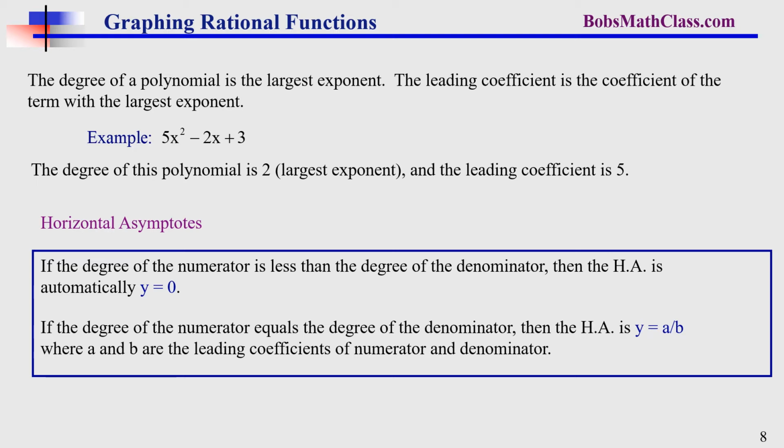If the degree of the numerator equals the degree of the denominator, then the horizontal asymptote is y equals a over b, where a and b are the leading coefficients of numerator and denominator. That's better language, right? That's always the thing about math, you read it and you say, what? What are they talking about?